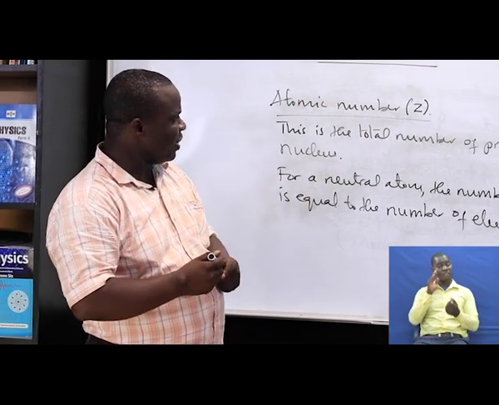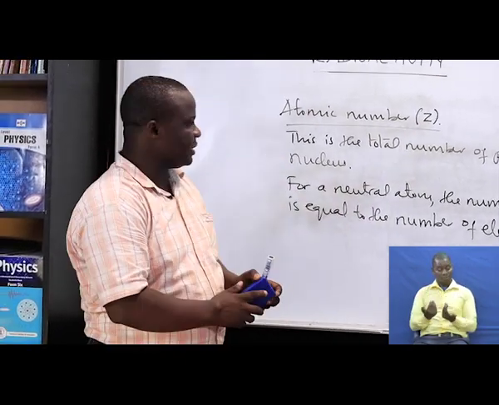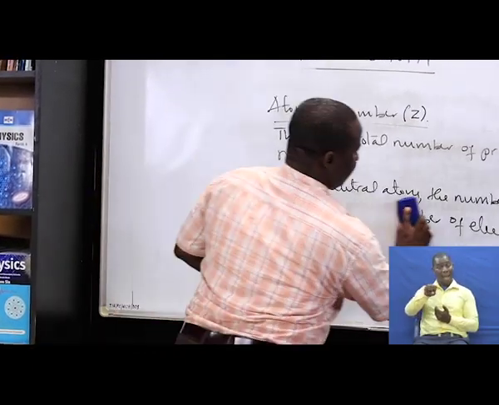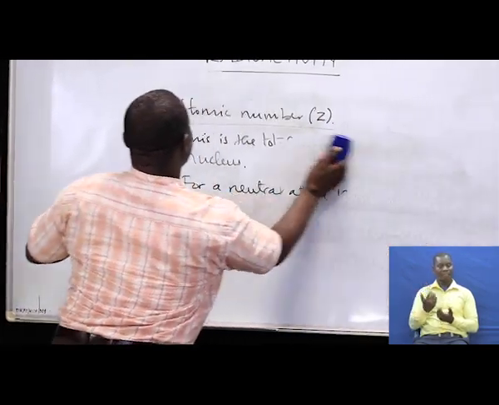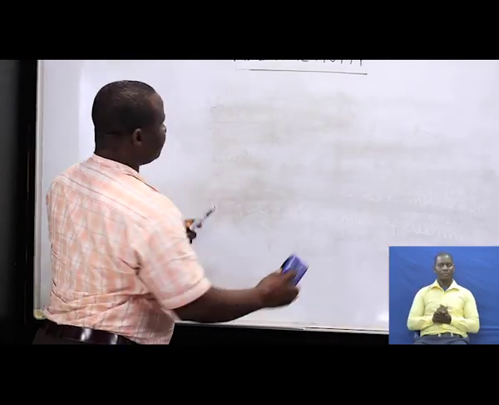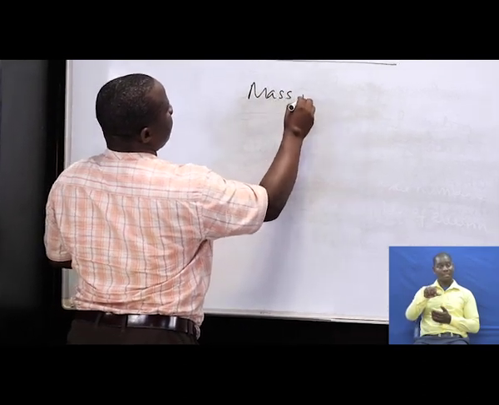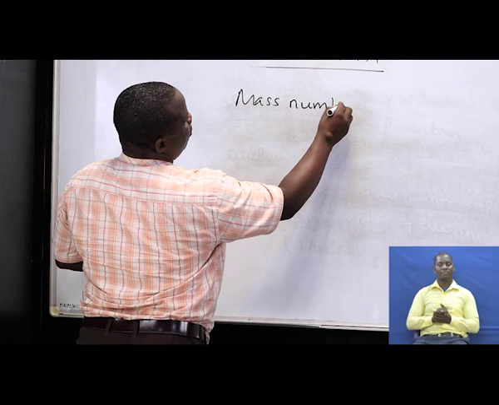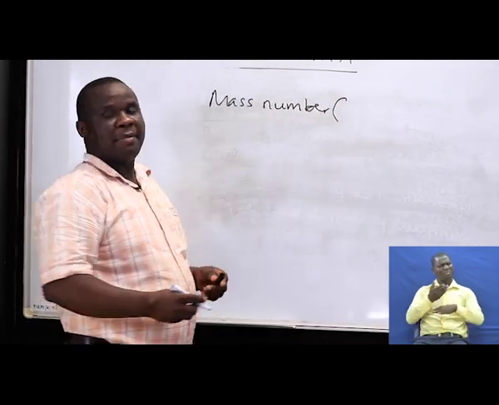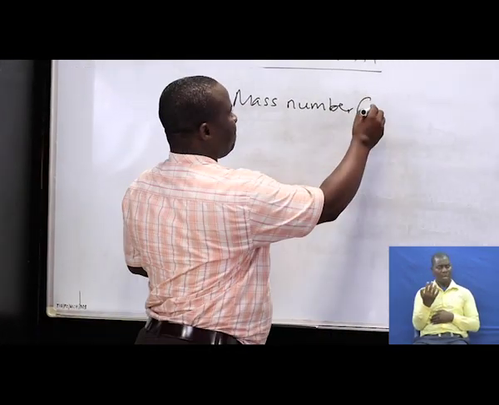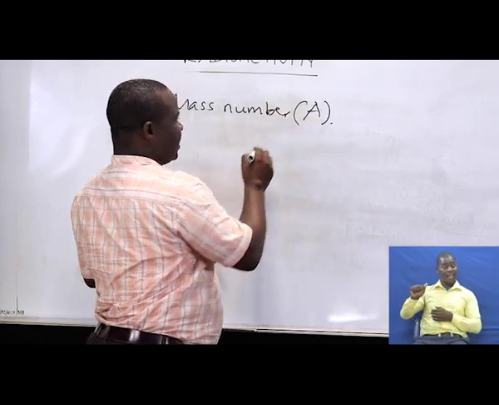But we also have another item called the mass number. Sometimes this mass number is noted as A. What is this?